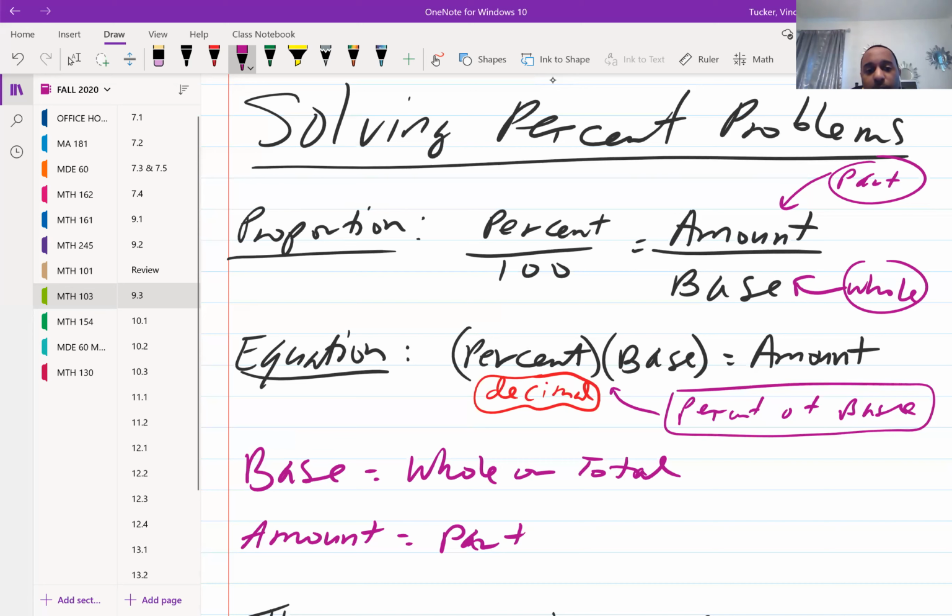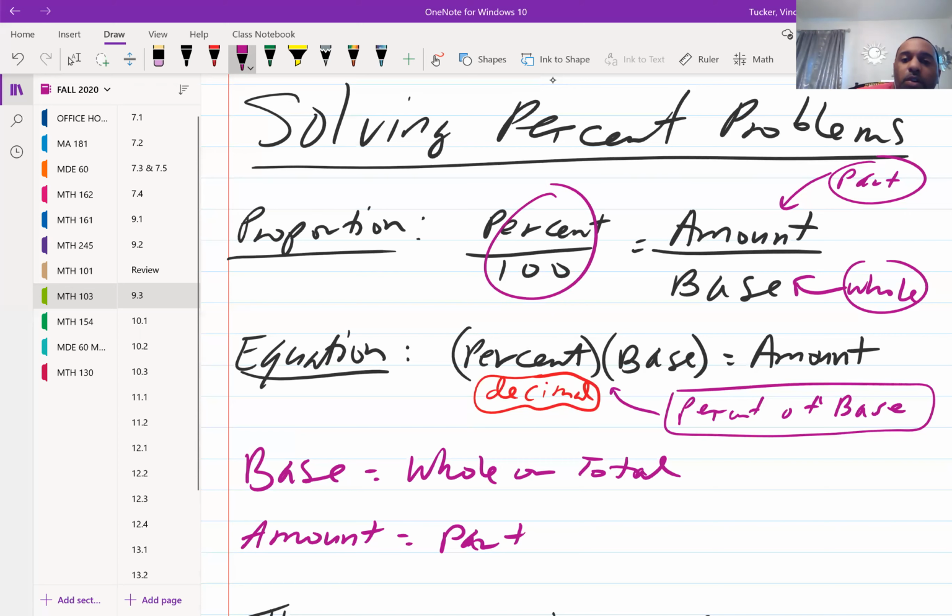Or if you want to use an equation, you can do percent times base equal to amount. And when you set up this equation, you have to use the decimal representation of your percent.